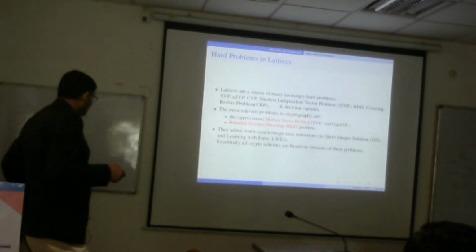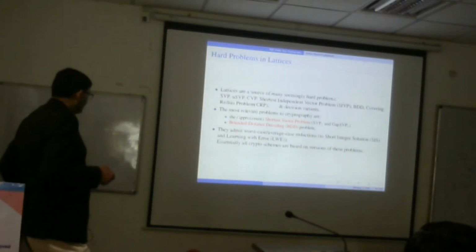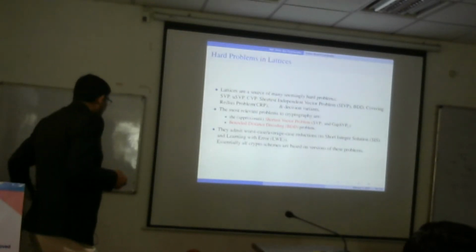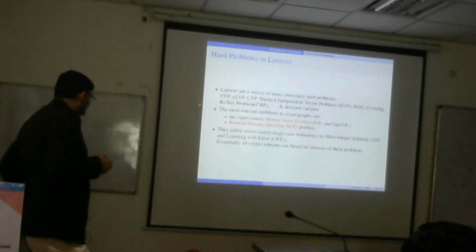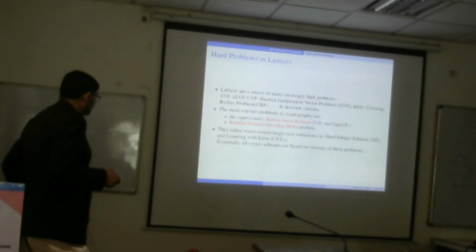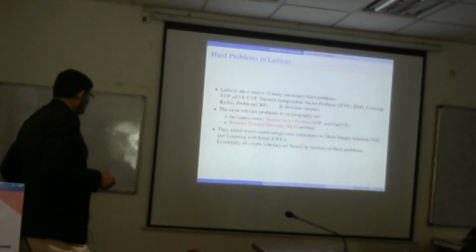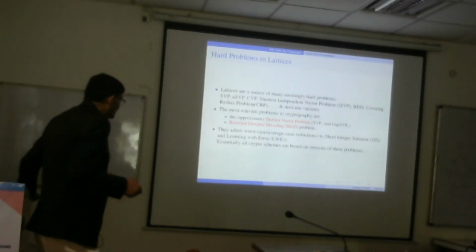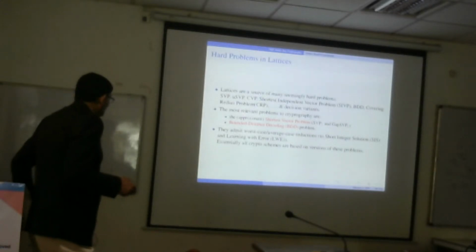Okay, the shortest vector problem and closest vector problem can finally be reduced to the learning with error problem. Most of the crypto schemes are based on this learning with error or short integer solution.